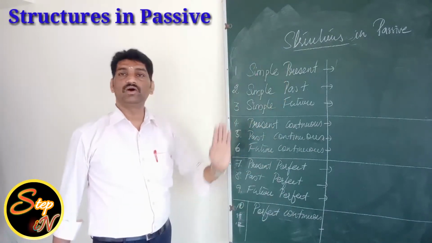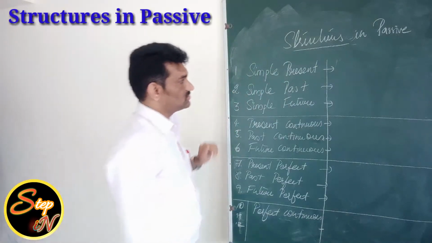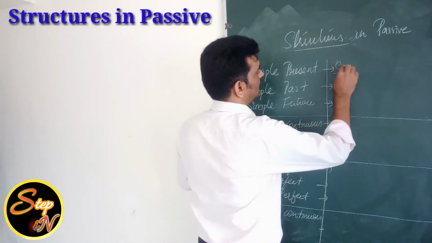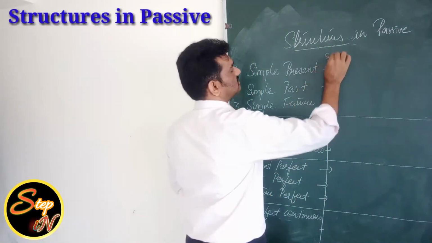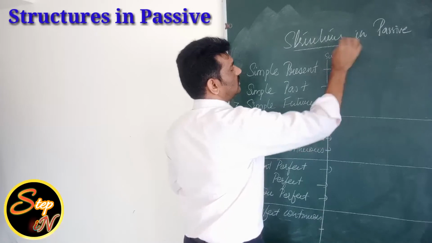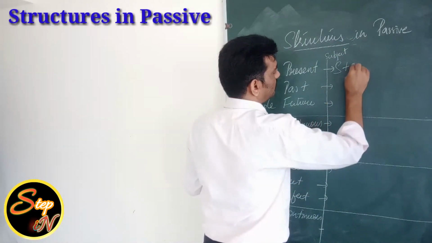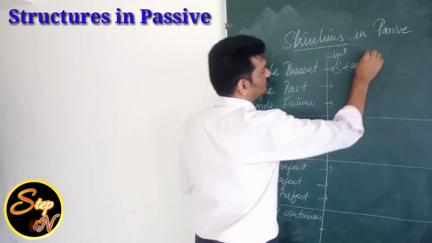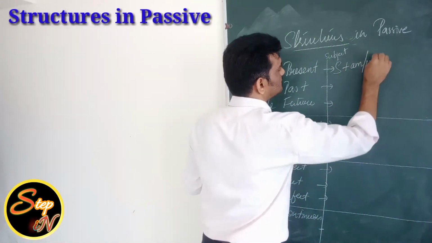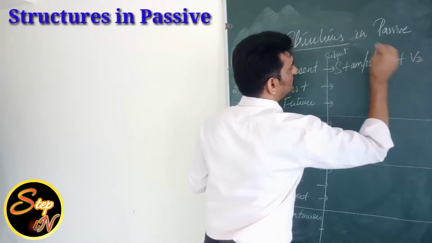Okay, so now we will work out the first one, simple present tense. To understand, I am giving the letter S. S indicates subject. So subject plus the auxiliary verbs am or is or are plus verb 3.